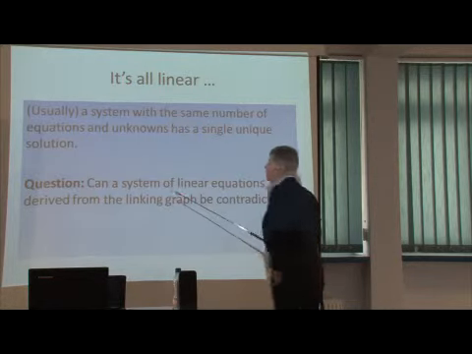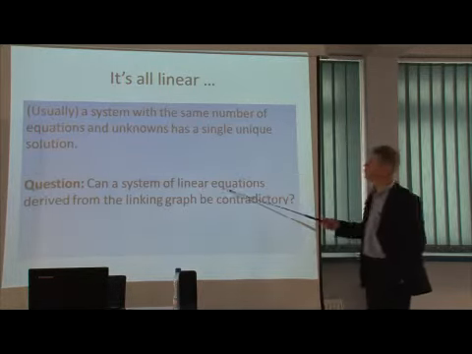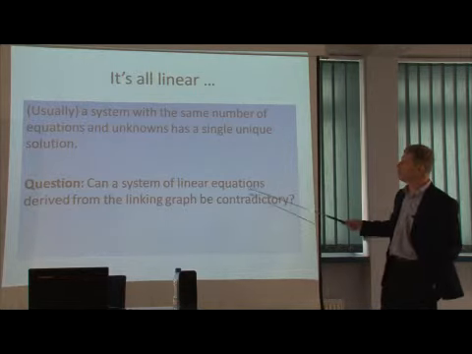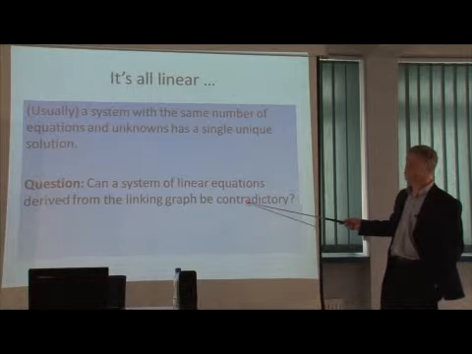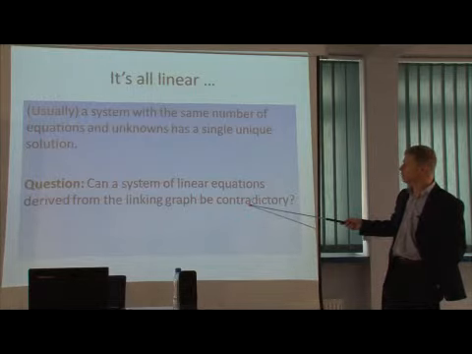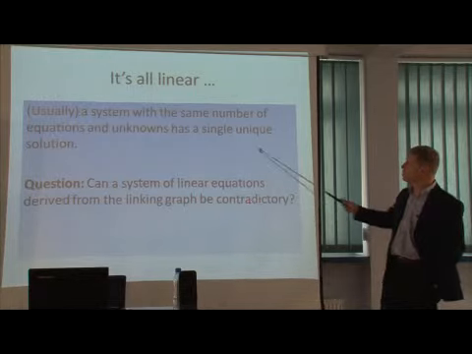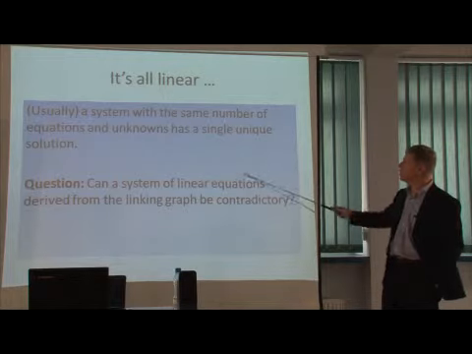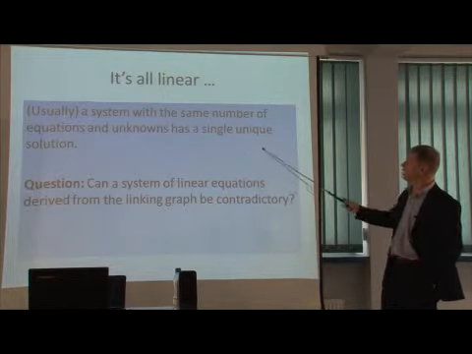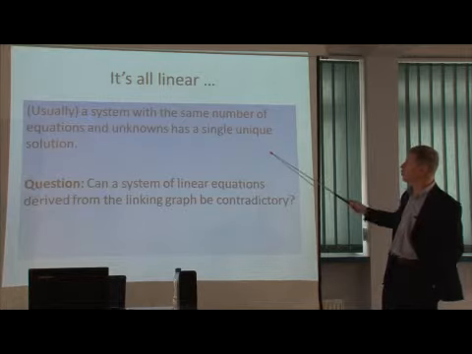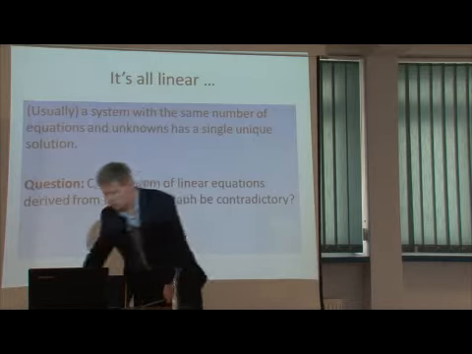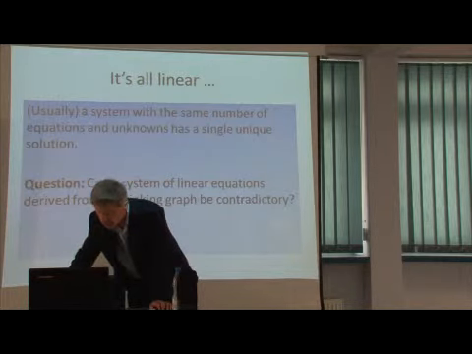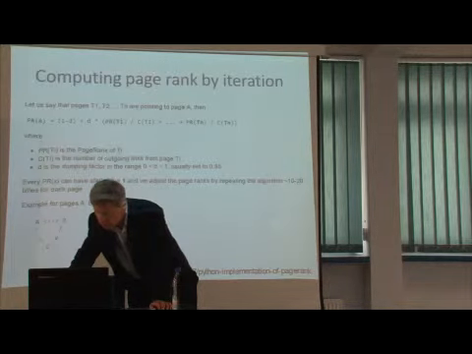So the question is, if you translate a graph like that into a system of linear equations, could such a system be contradictory? The answer is yes, but typically it would require some self-looping, so a node would point to itself. This kind of thing can introduce contradictions in the system of linear equations.